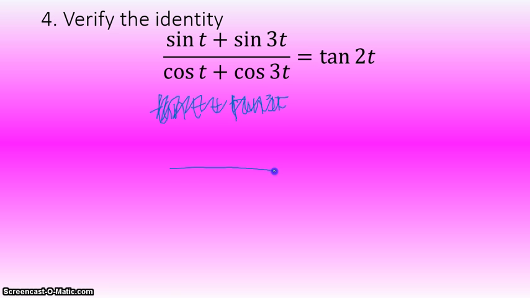What I need to do is rewrite my sine plus sine as a product and my cosine plus cosine as a product. So sine plus sine turns into 2 sine, and then you're supposed to add the 2, which would be 4t, and divide by 2, so 2t, times cosine, and I'm supposed to subtract the 2, which would be negative 2t, and divide by 2, which would just be negative t. On the bottom, a cosine plus a cosine turns into 2 times cosine of their sum divided by 2 times cosine of their difference divided by 2.